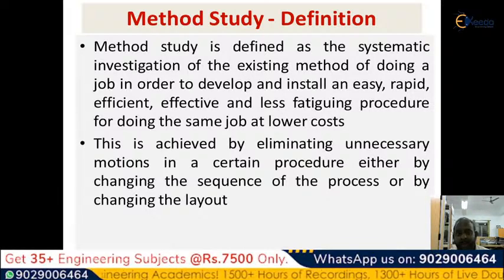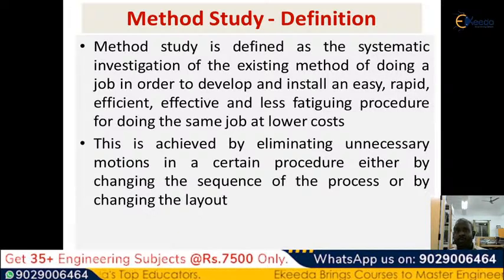So in order to obtain this objective, what are the things that I am going to do? It is achieved by eliminating unnecessary motions in a procedure, either by changing the sequence or changing the layout. Time is being delayed because of unnecessary motions inside the industry. A product which comes in goes out as a final product.